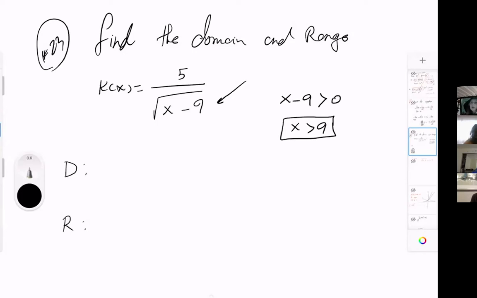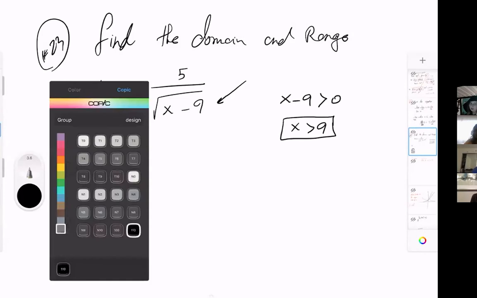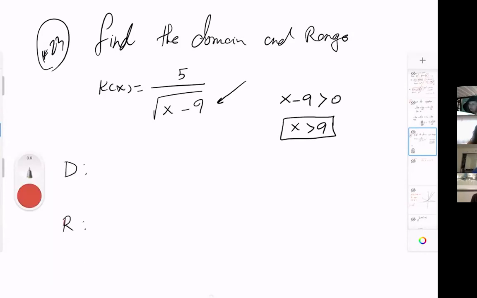How do you find the range? How do we find the range of this function? In order to find the range, the values of y, we need to find the inverse. So one way to find the inverse: we say y equal to 5 over radical x minus 9.